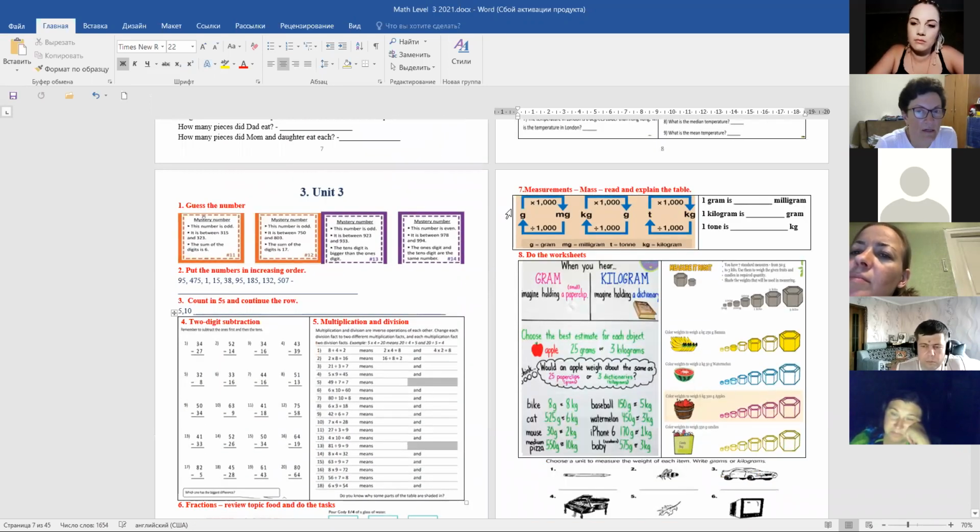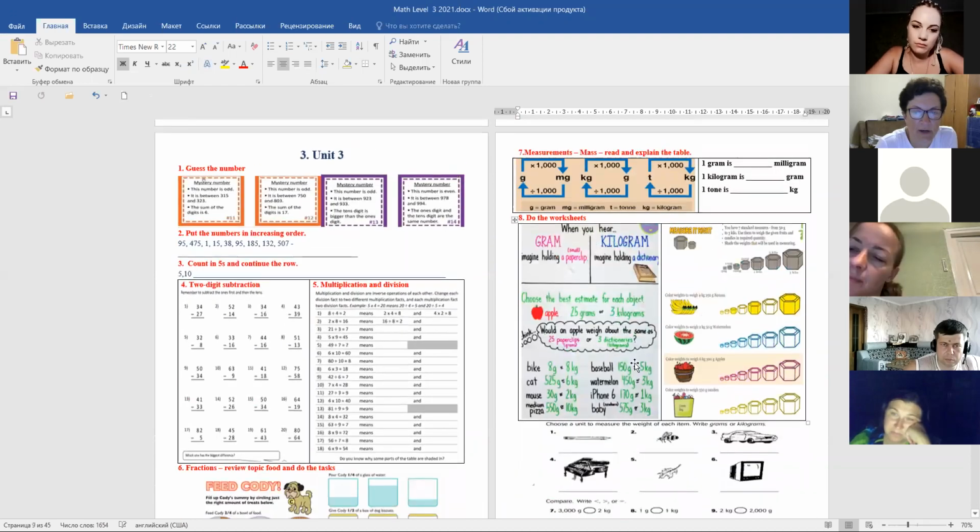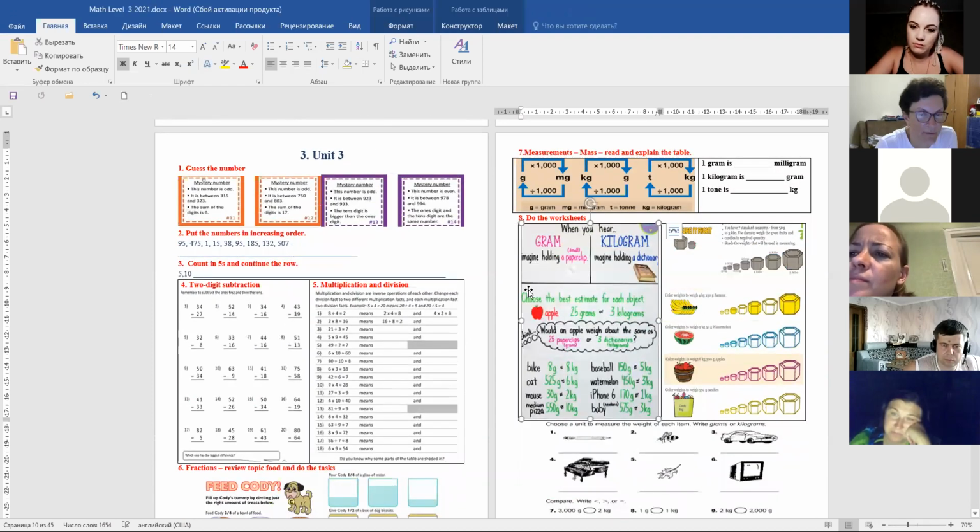And here again, measurements: grams, milligrams, ton, and kilograms. These tasks are my favorite. I love them, like when you have to imagine a bike, for example, is it 8 grams or 8 kilograms? A baseball, an iPhone 6, or a newborn baby. These tasks make kids think.